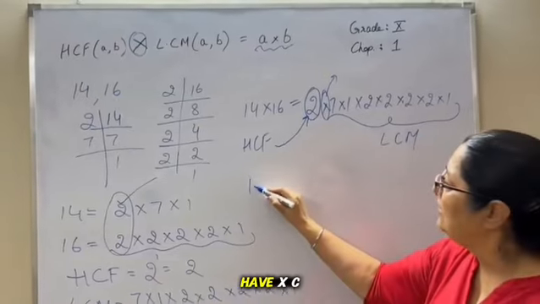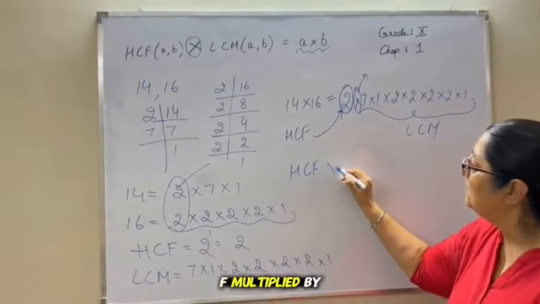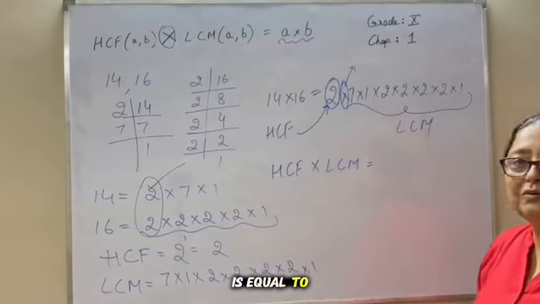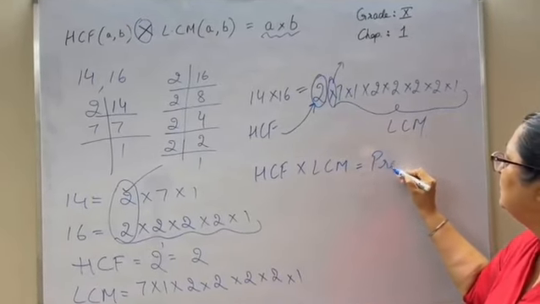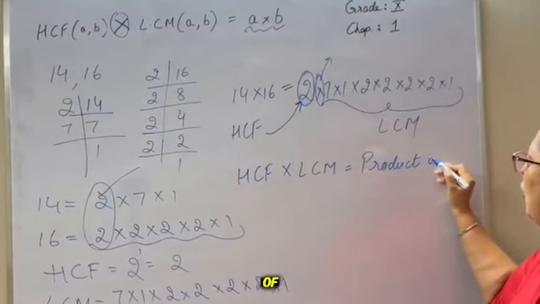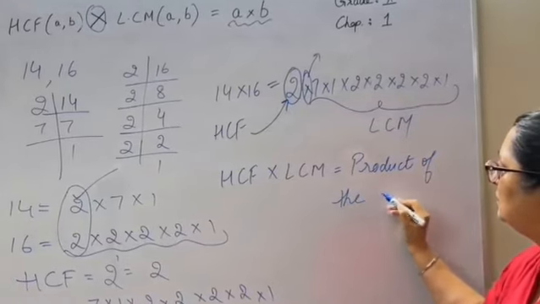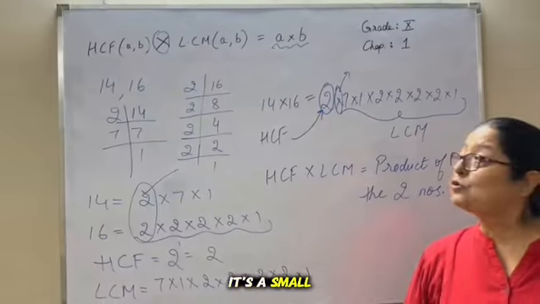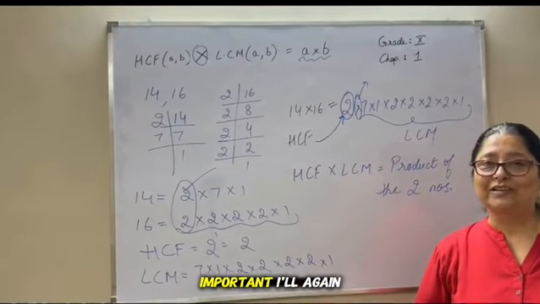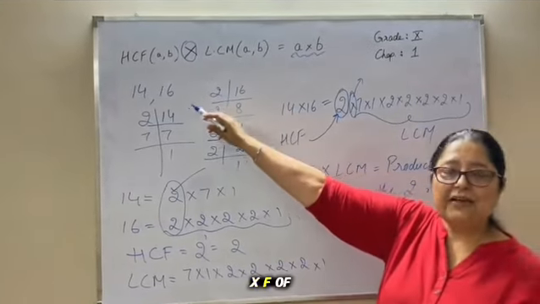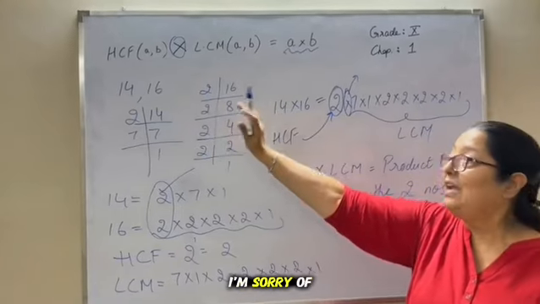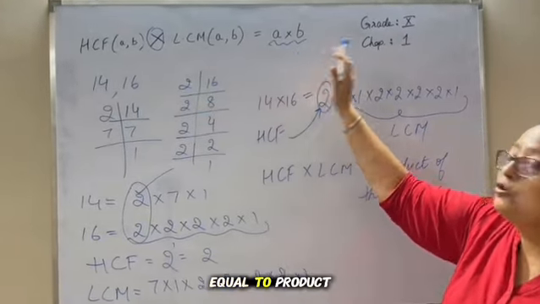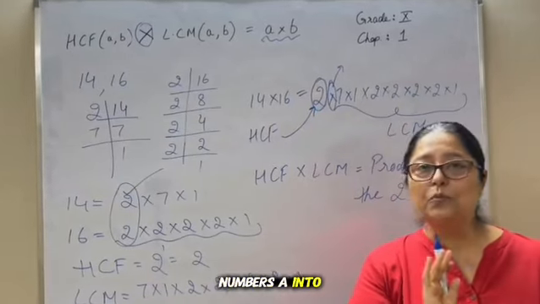So we have HCF multiplied by LCM is equal to product of the two numbers. It's a small concept but very important. I'll again repeat it. HCF of A and B into LCM of A and B is equal to product of the two numbers A into B.